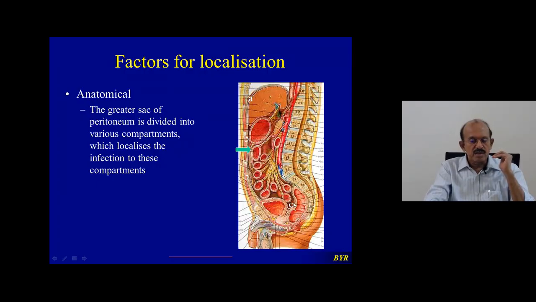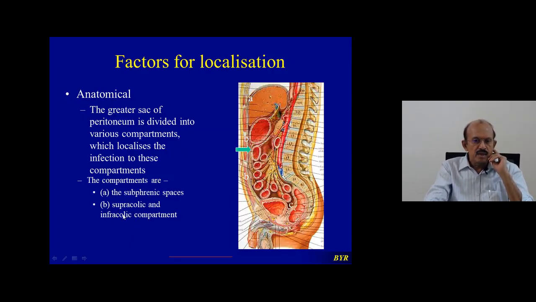Then there is another space, that is the pelvis. So the compartments are the subphrenic space, supracolic and infracolic compartments, and the pelvic space.